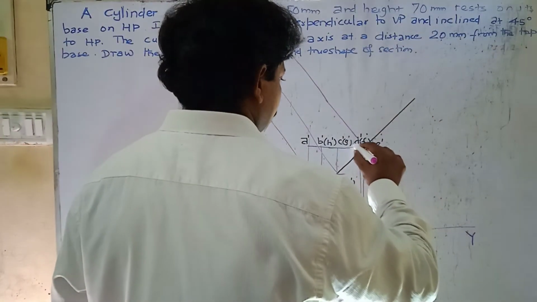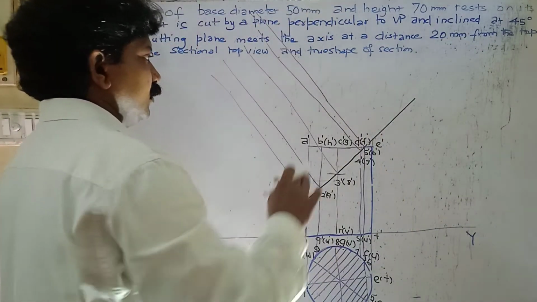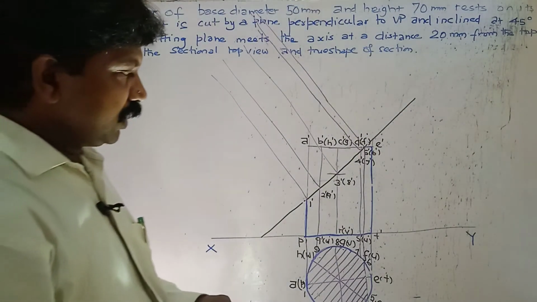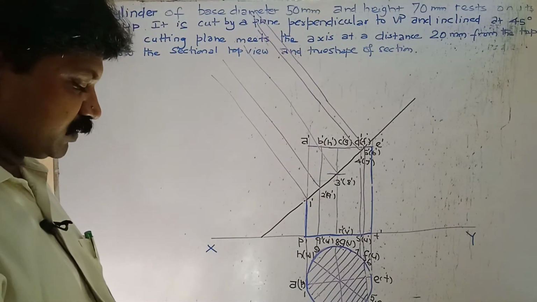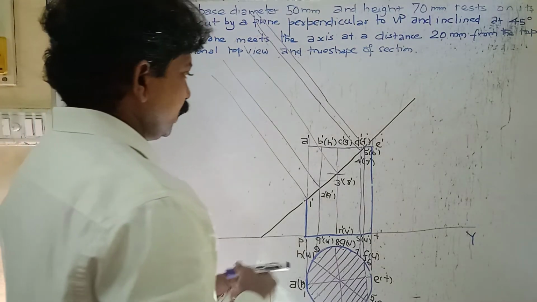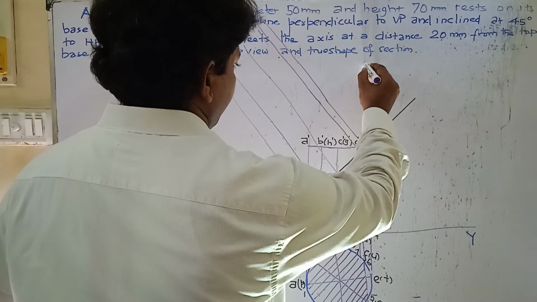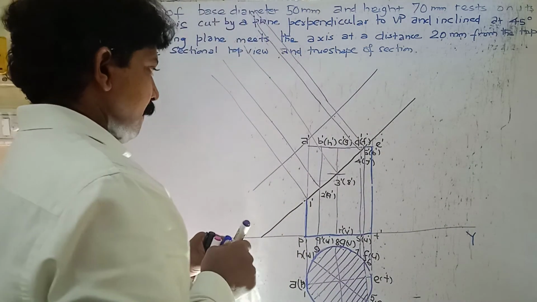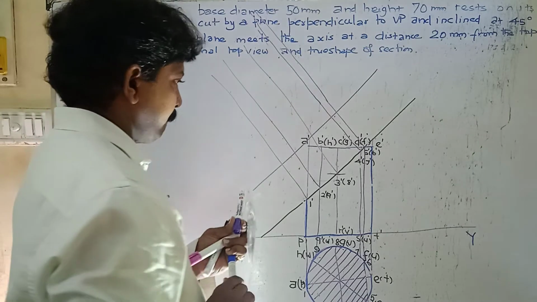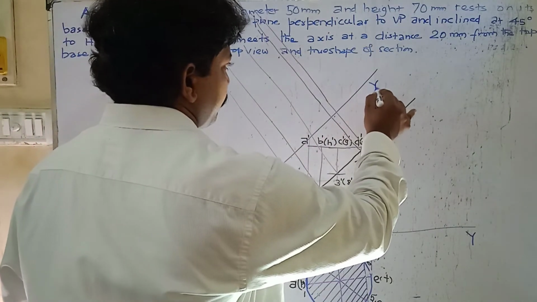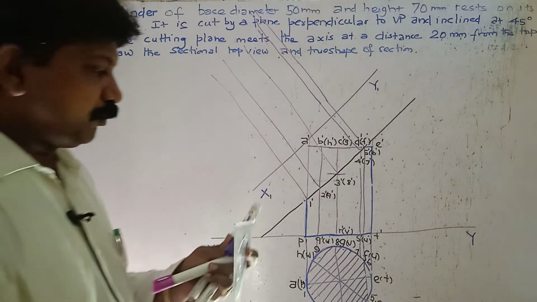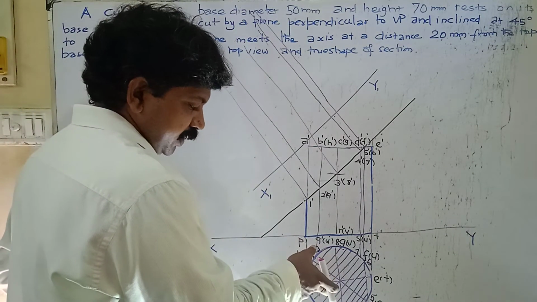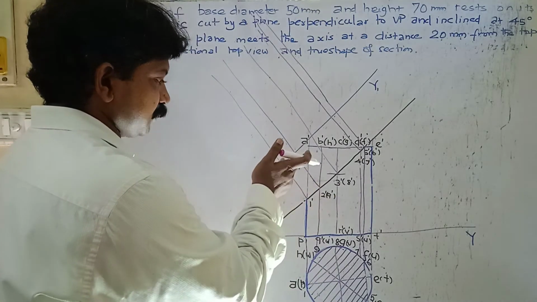Now draw another axis line, X1Y1 axis line, parallel to the cutting plane. Now with XY axis as center using a compass, and the cutting point distance as radius, draw an arc at the corresponding line.